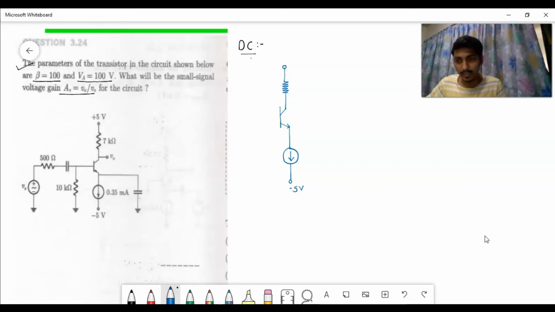At DC the capacitor will be open, so this part will be ignored. This will also be open, so for this it will be 10k. And this will be open. For the open part I am showing it with red.